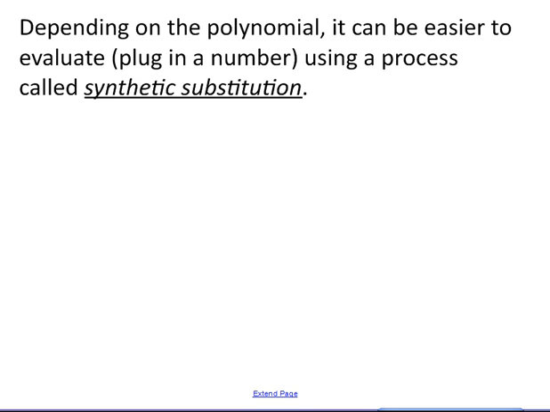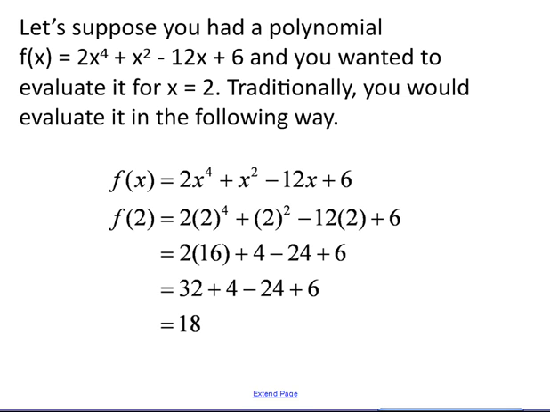Depending on the polynomial, it can be easier to evaluate or plug in a number using a process called synthetic substitution. Before we talk about synthetic substitution, let's review how you would normally evaluate for x equals 2. Normally, we would take the 2 and replace our x values here with 2.